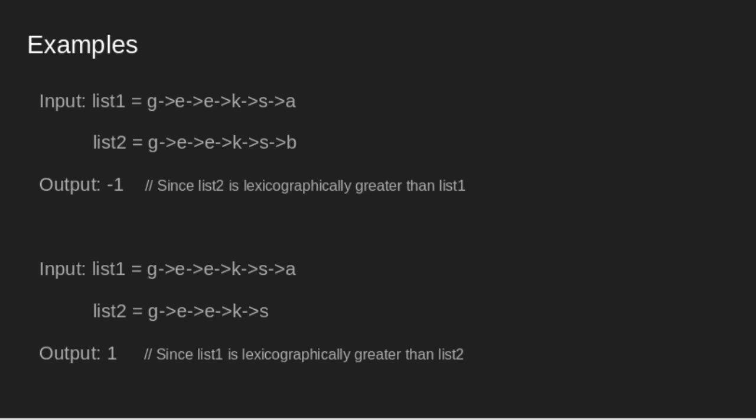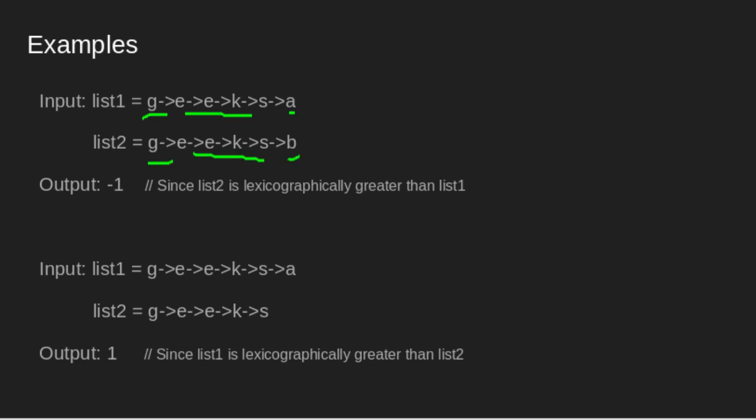Let's try to understand the example. Initially, we start with the first character of both linked lists. Here, G, since both are equal, we move forward and traverse till S. When A and P are compared, since P is greater than A, it makes list 2 lexicographically greater than list 1 and -1 is returned.